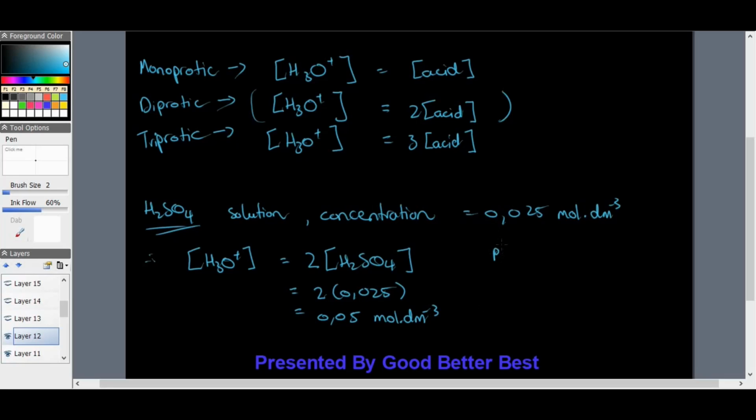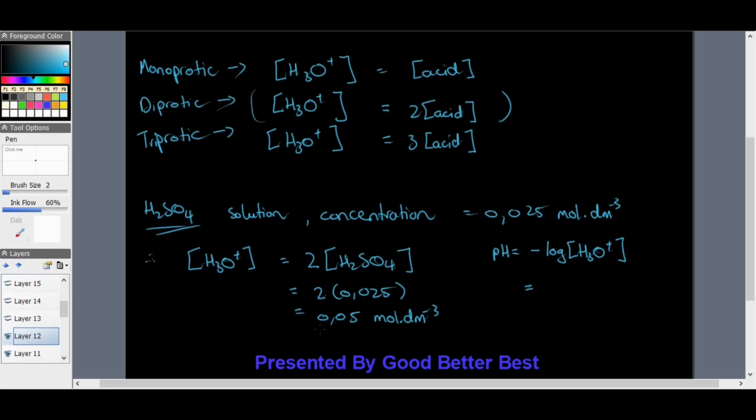Well, the pH level must be equal to the negative log of the concentration of the hydronium ions. In this case I just calculated that, because my formula said that the concentration of the hydronium ion must be twice that of the concentration of the acid.